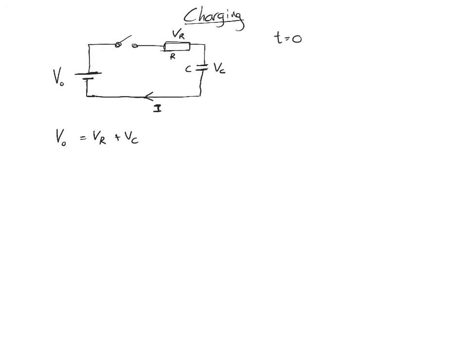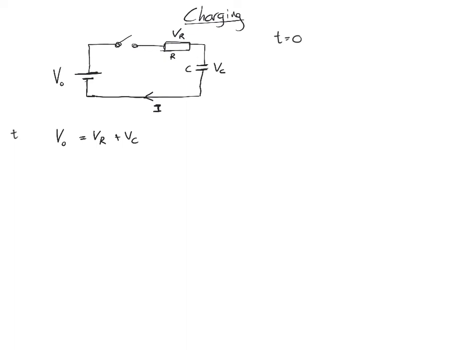Remember the sum of EMFs across a closed loop is equal to the sum of the potential differences across a closed loop. That's what Kirchhoff's second law said. So by that law, if I want to write an expression at any time in the circuit, V naught is equal to VR plus VC. And that's a very important part of this analysis.